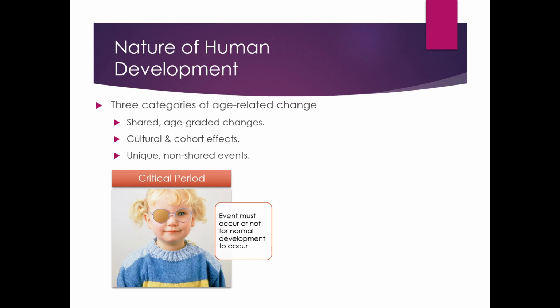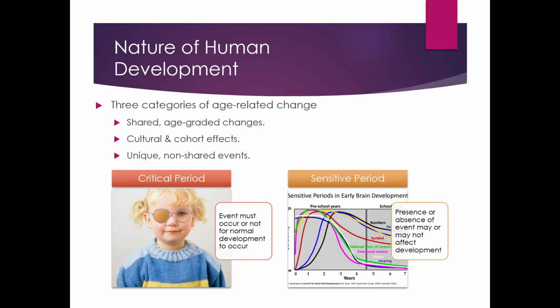If it occurred during a critical period and we kept her eye covered, would it actually impact her vision for the rest of her life, right? If it happens during a critical period, it might. So this would be something that's unique that happened to her. It's not about development. It's not about being part of a particular culture or cohort. It's about something happening specifically that might affect her individual development.